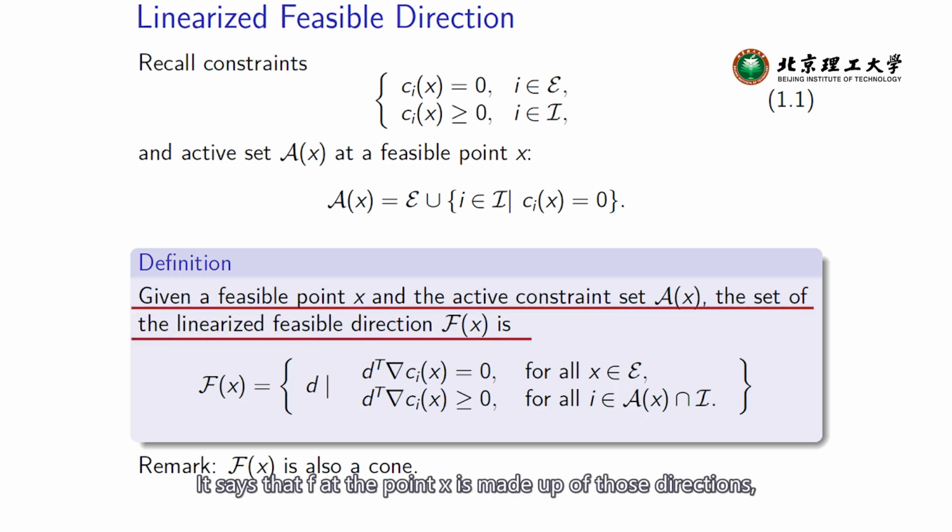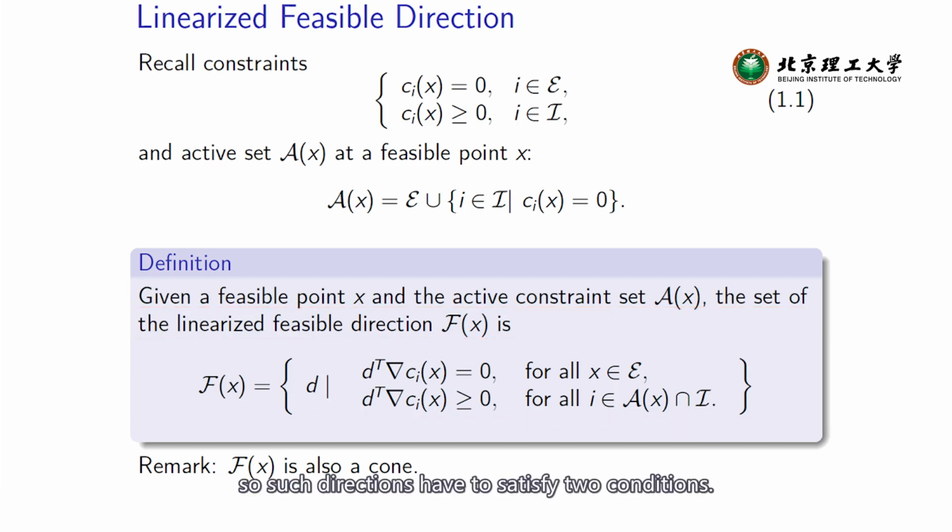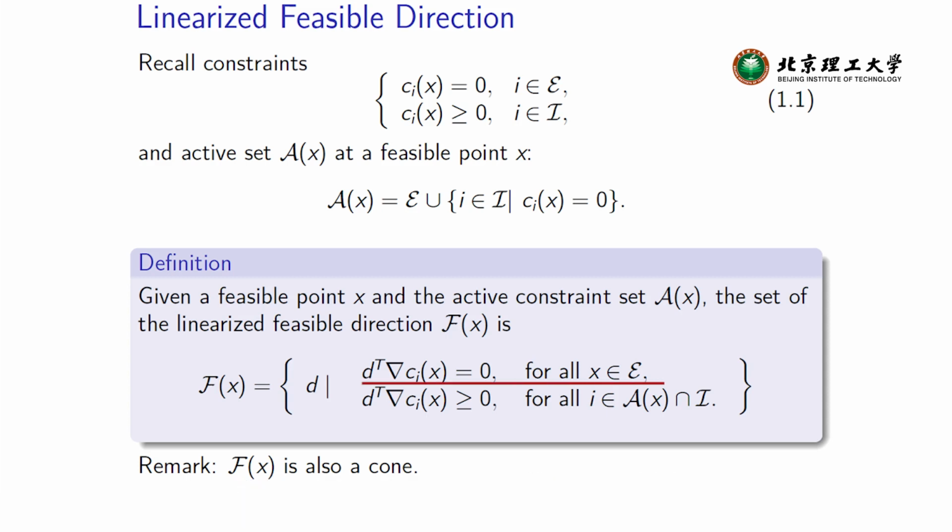This set F at the point x is made up of those directions that satisfy two conditions. The first one is that for all equality constraints, the direction must be orthogonal to the gradient of these constraints.